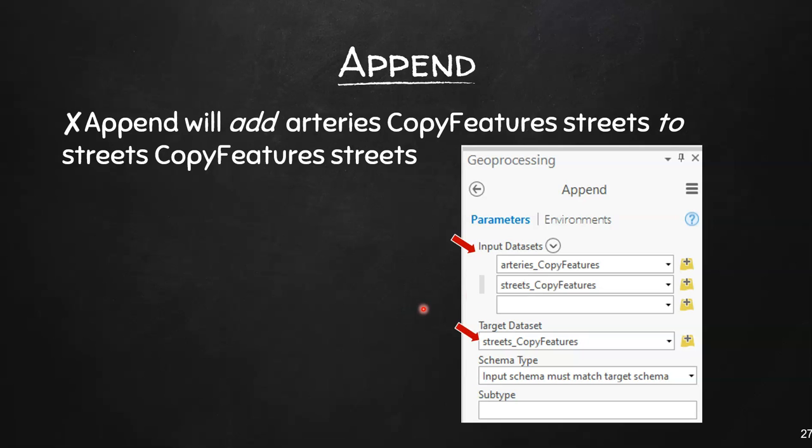So here I am going to append the artery streets and these streets together. And notice we have a target data set. So it is going to append the artery streets to this street data set. So it's not creating a brand new feature data set. It's just appending the arteries to the streets.